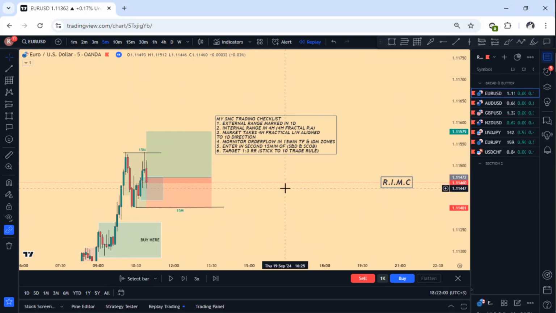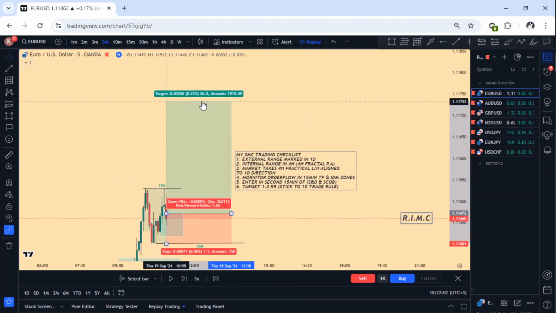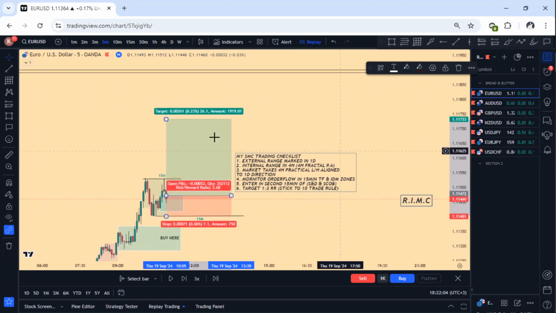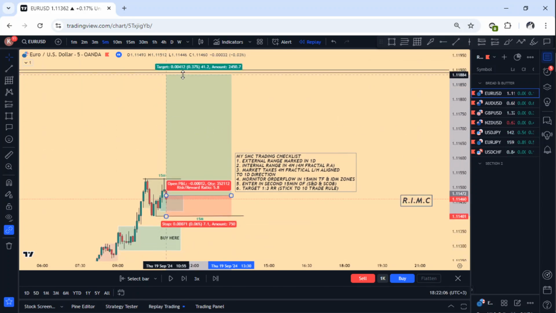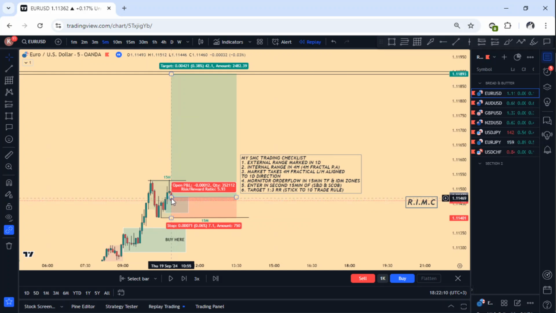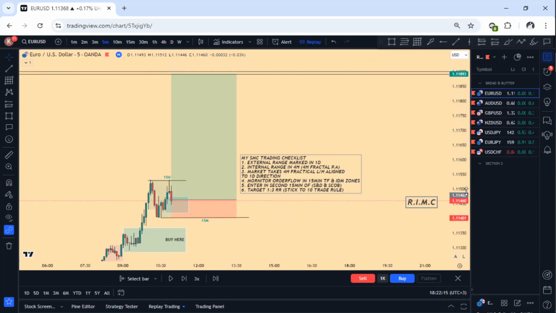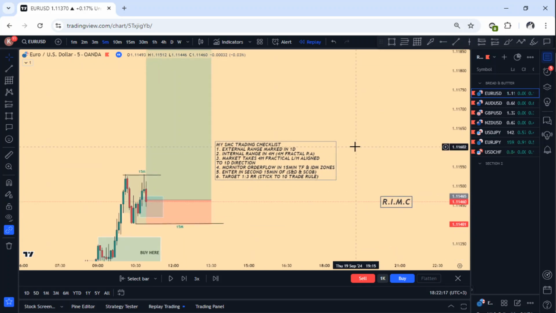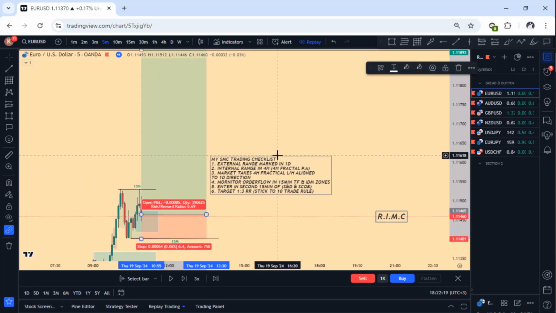Stop loss below this should be respected. Target at least a 1, 2, 3, or eventually if things go well, no problem, we can get it at that particular point. So it was just slightly below here. That momentum did not scare me a lot. Now this was the risky trade.